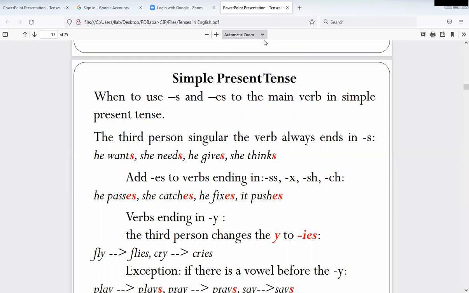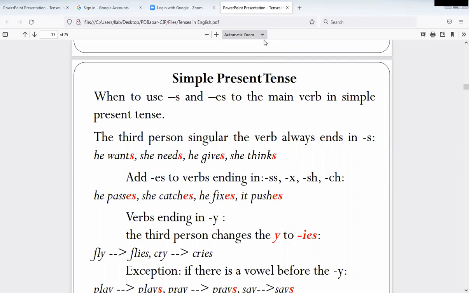Pass the ball, or pass the notebook. If you request your friend, please pass the book to me, please pass the pen.